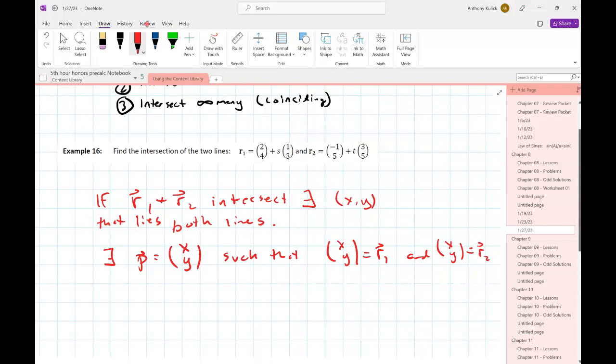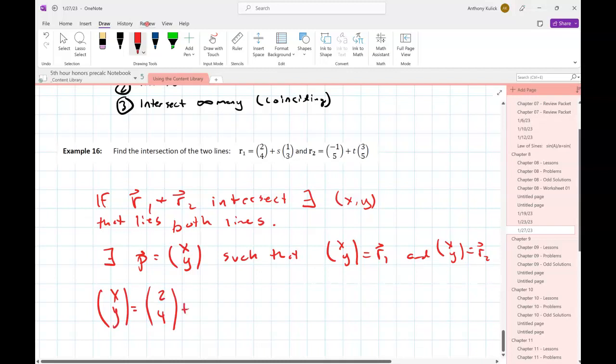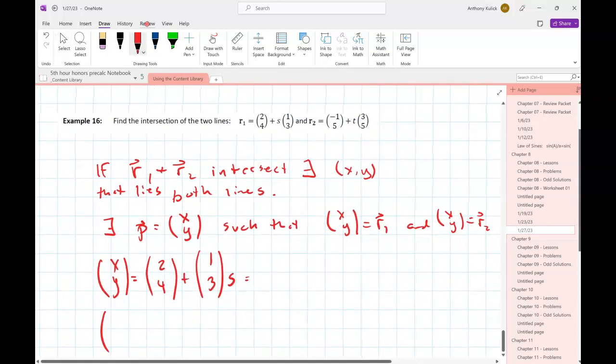So if I say that, I can say xy should equal the vector 2, 4 plus the vector 1, 3 times s. That's just R1. And likewise, I can say xy should equal the vector negative 1, 5 plus the vector 3, 5 times t. That's just my R2.